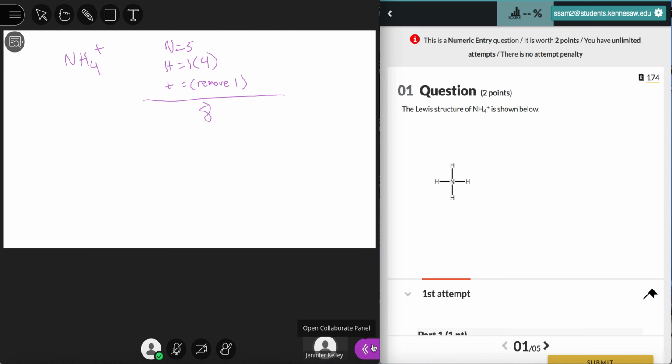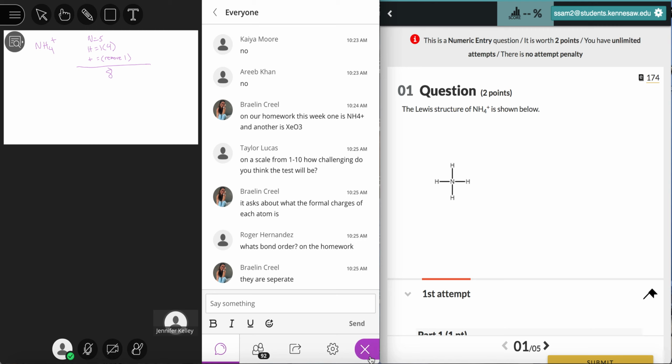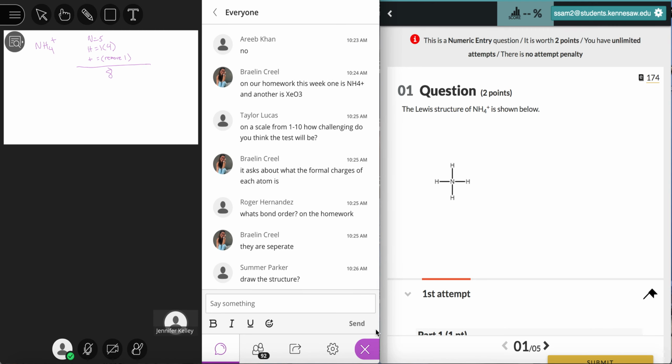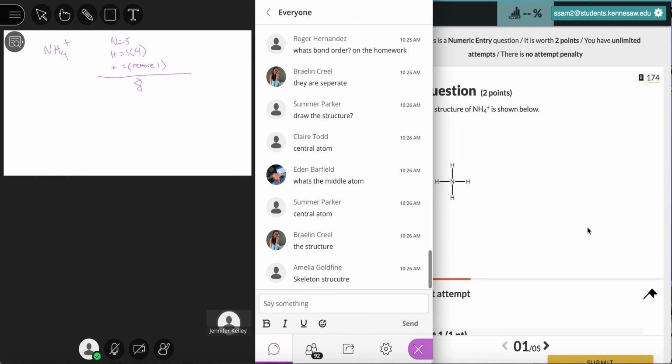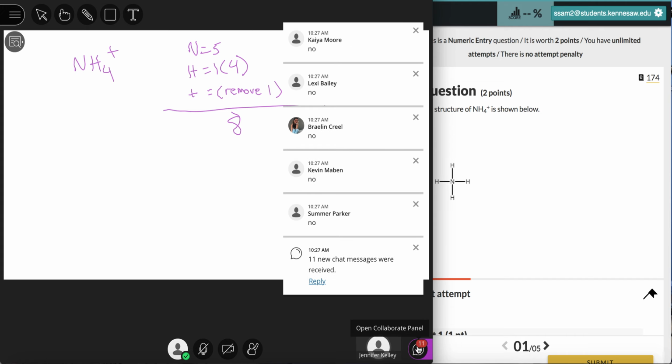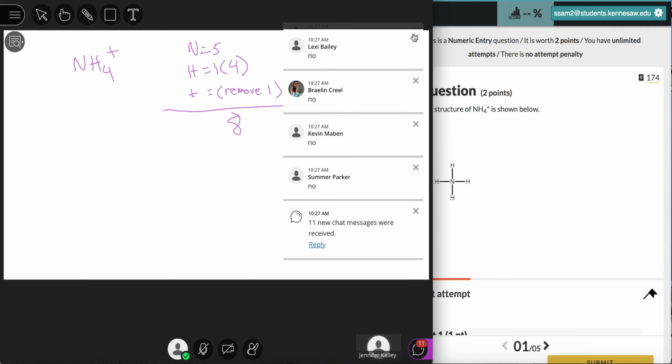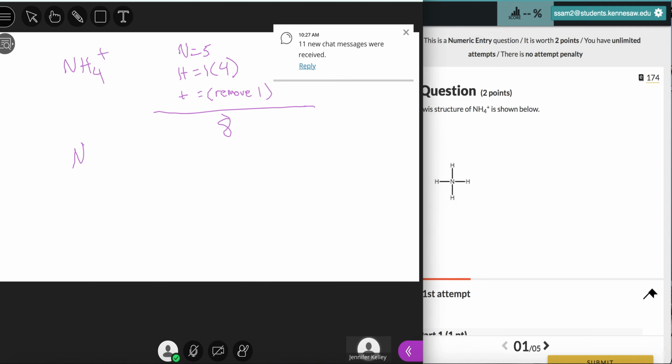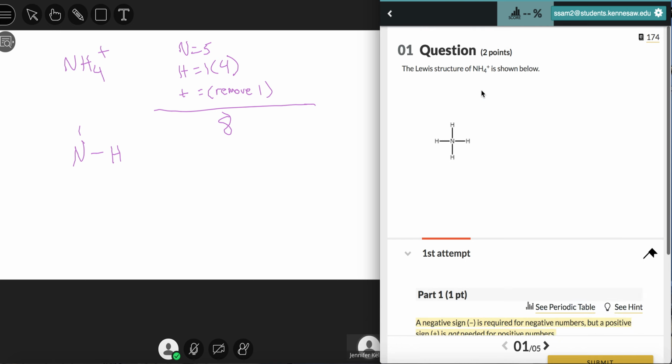All right, so what's the next step? What do I determine now? Yeah, draw the structure. Yep, so central atom. Can hydrogen be the central atom? No, never. It's always on the outside. Correct. Nitrogen's in the middle, surrounded by 4 hydrogen.